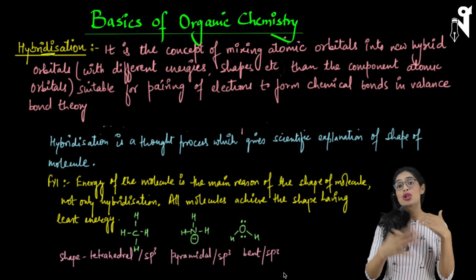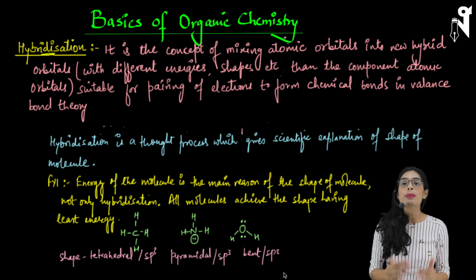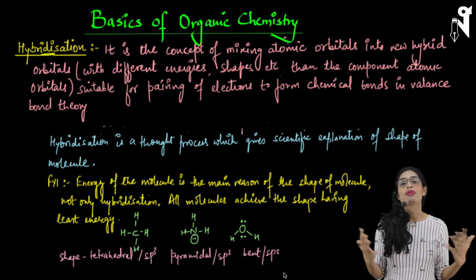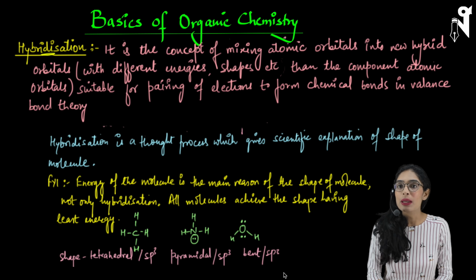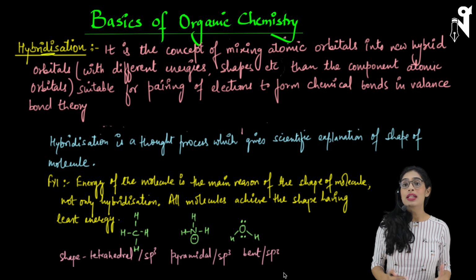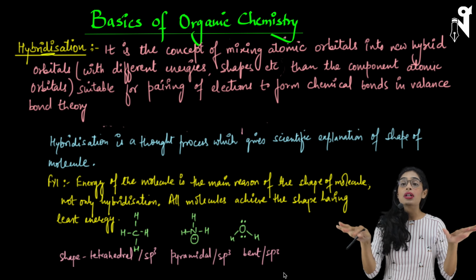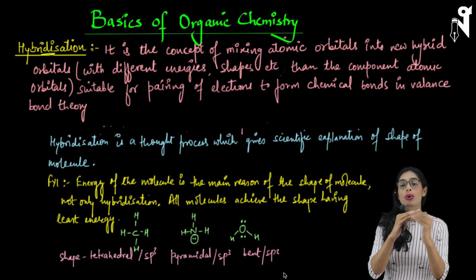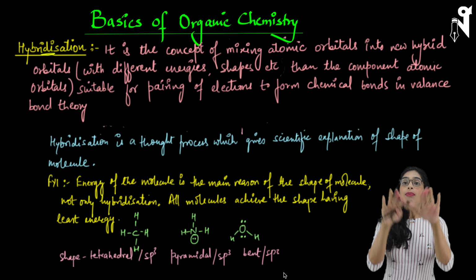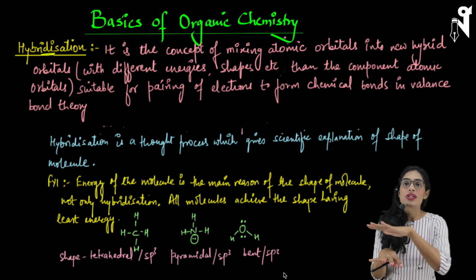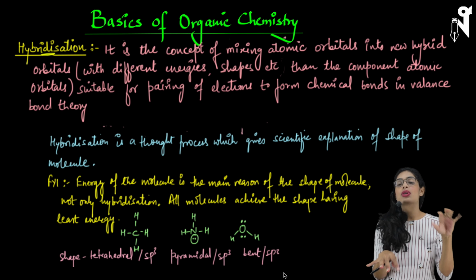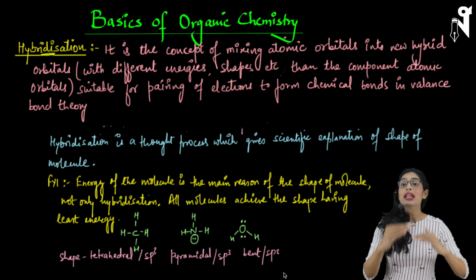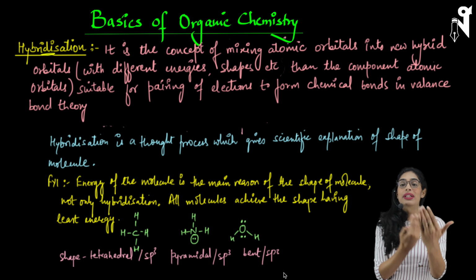And when hybridization takes place, it makes the orbitals suitable for bonding. And hybridization tells us the shape of the molecule. That's what we have learned in chemical bonding. Basically, hybridization gives you even energy throughout: the orbitals or electrons which are going to do the bonding come to a certain energy level which is the same for all the electrons participating in the chemical bonding, and then they start forming the chemical bond.